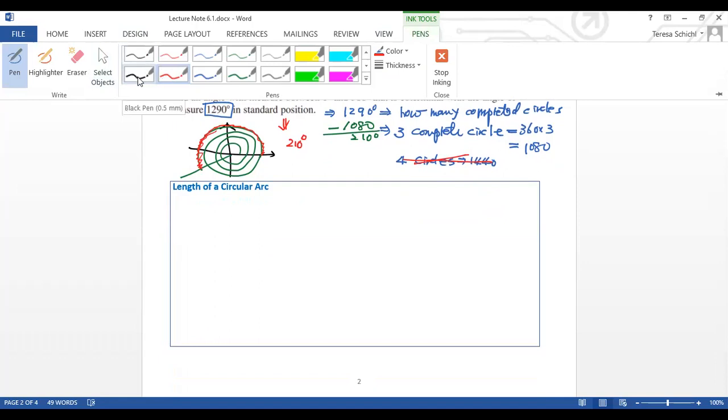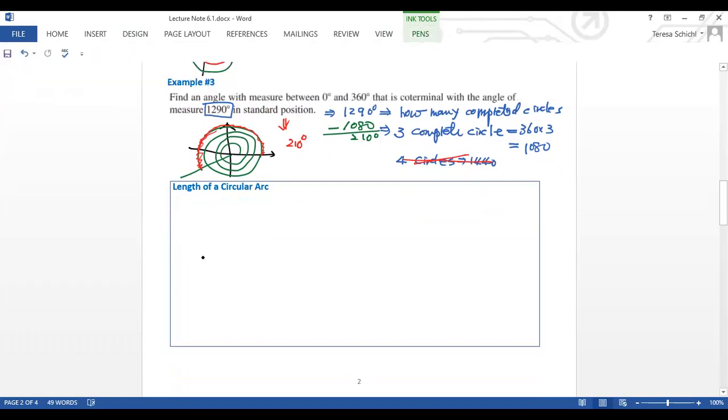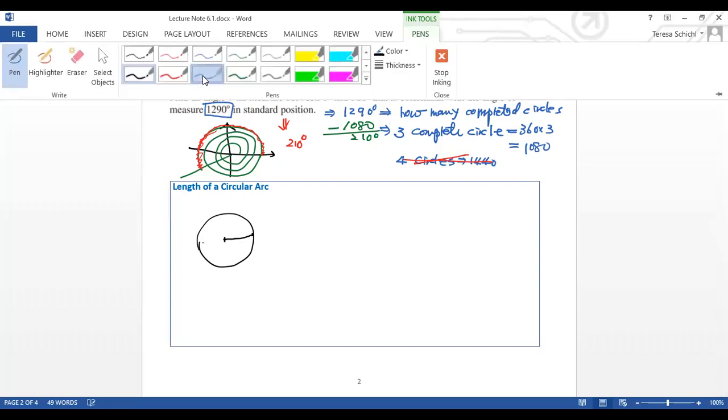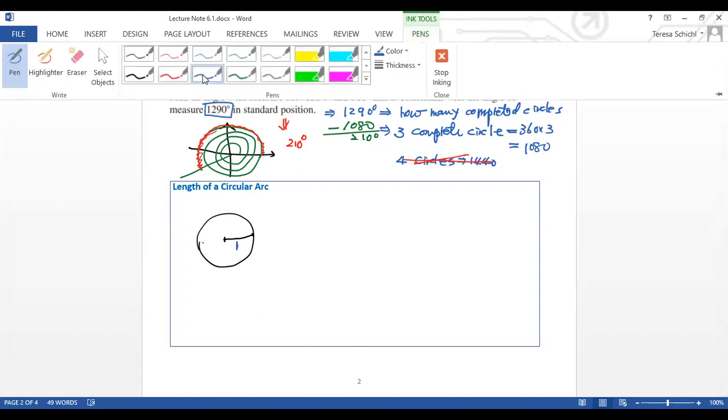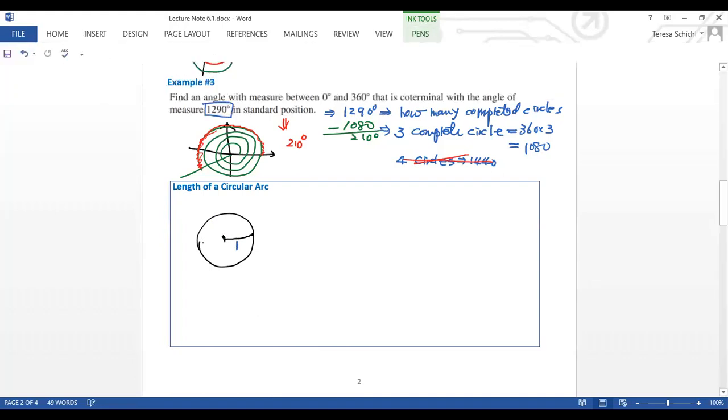Remember, if I have a circle here, and I know this is a unit circle, so the radius is 1, and you have an angle here, this angle theta is in radians.